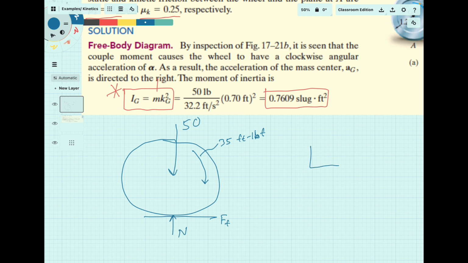And then our little kinetic diagram over here will just put everything in the XY system, since it's pretty much only moving in the X direction, so that should be okay. Our only acceleration is in the X direction, and then we do have the alpha term since the thing is rotating.